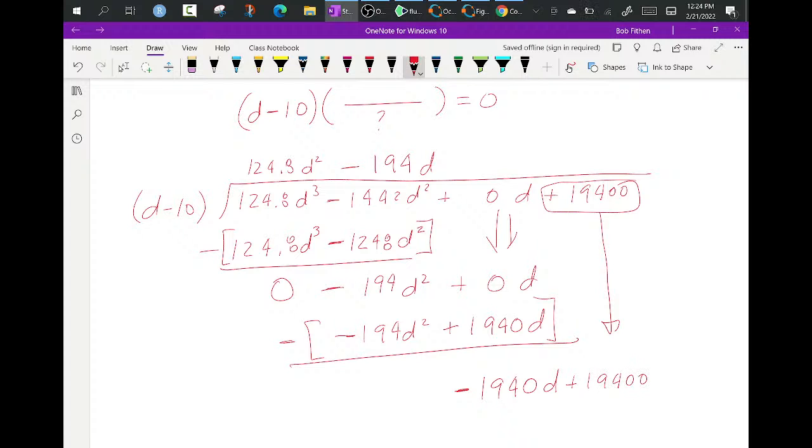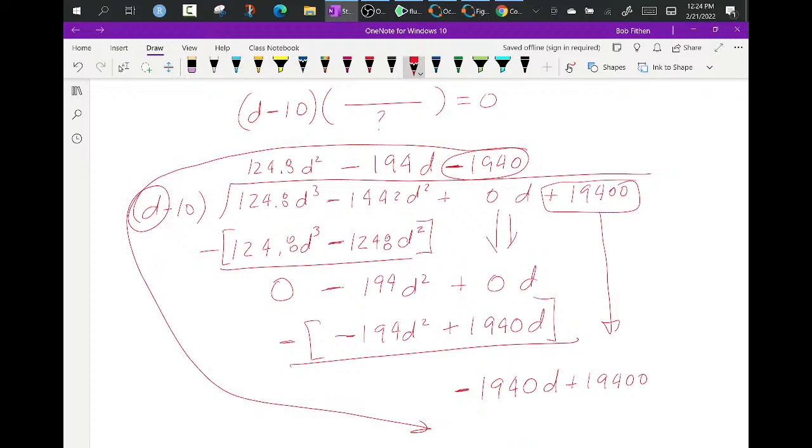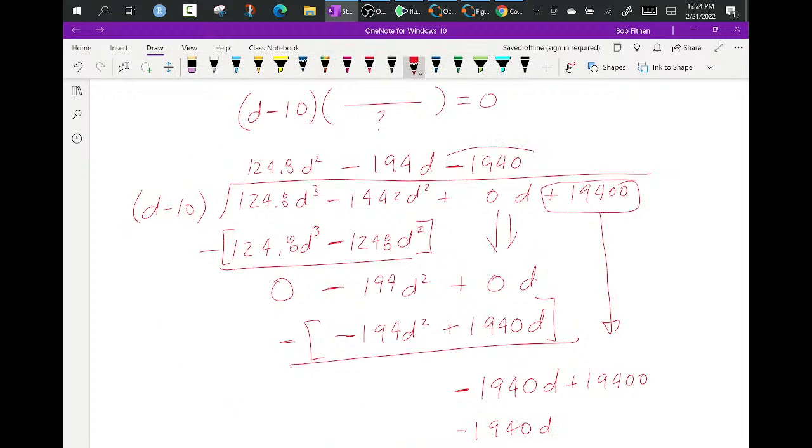0. Now, what do I do here? I multiply, minus 190, and that's it. So take this, and this gives me 1940d, and then I take this times that, and I put right there.